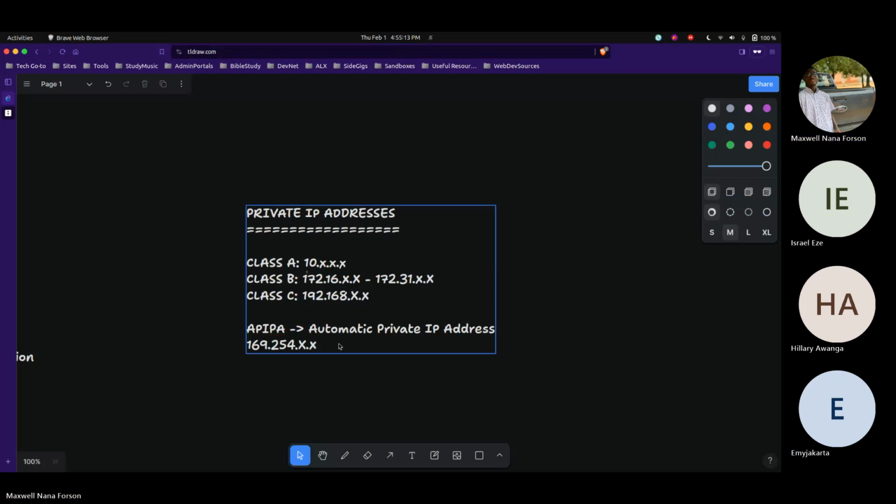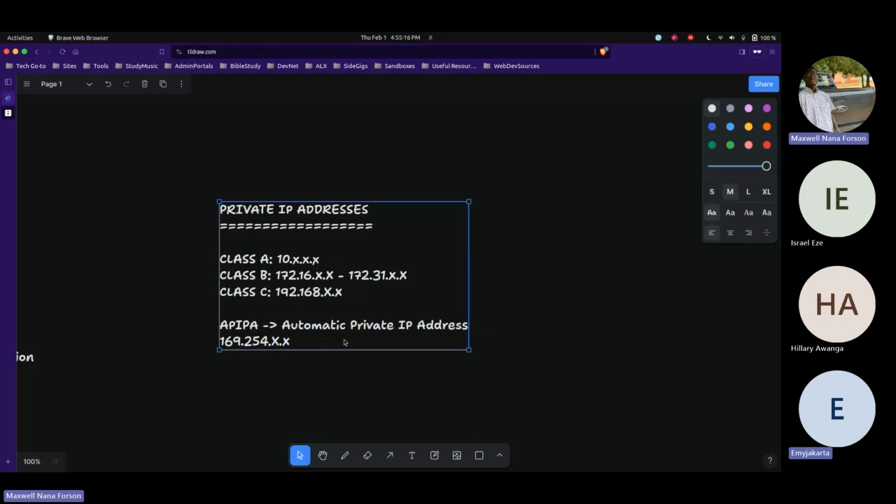But yeah, you are going to get this IP address if you're not able to reach a DHCP server, and a DHCP server is what hands out these addresses, right? So that's some of the things that we just had to know.